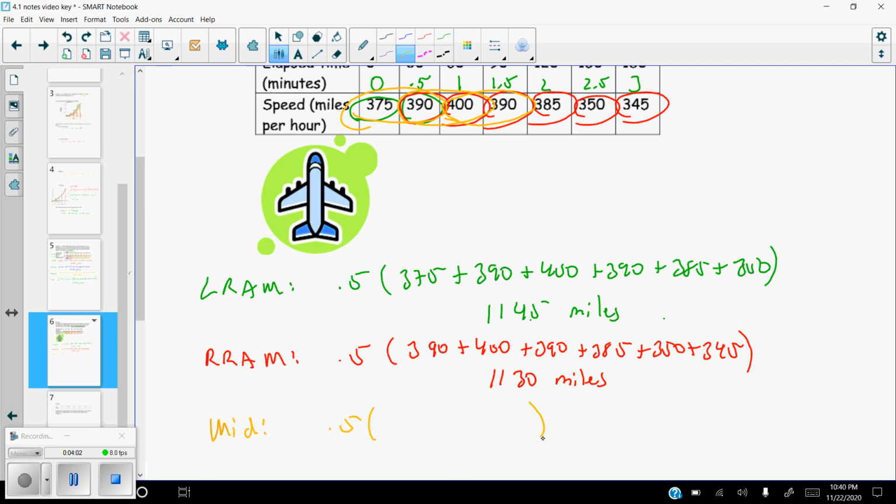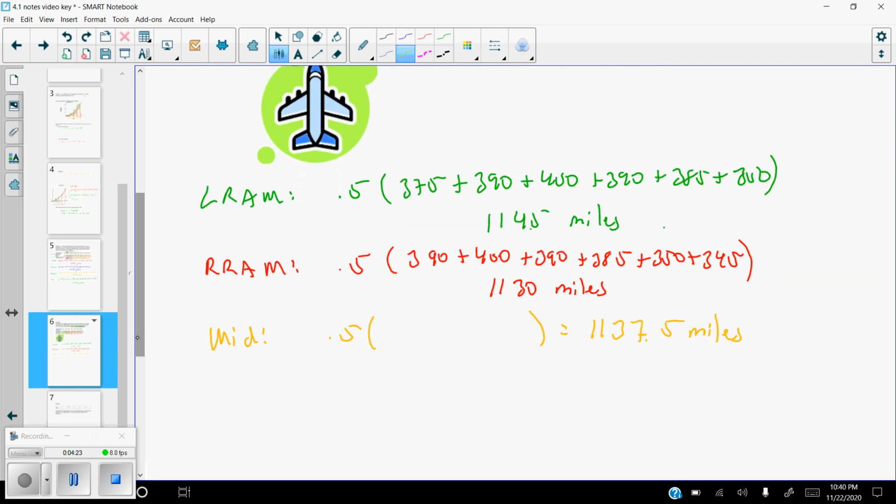So you're going to average those midpoints. I will tell you that the answer should come out to be 1,137.5 miles. And as you can see, that's in between the left and the right, and that's pretty typical of a midpoint. Not always, but typical.